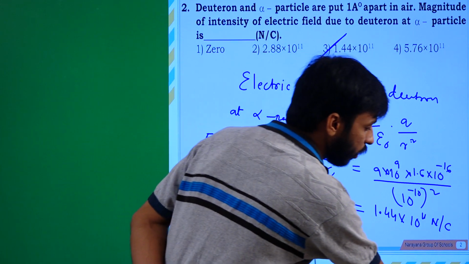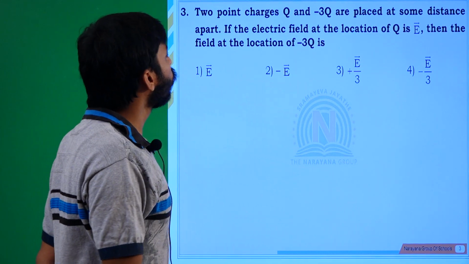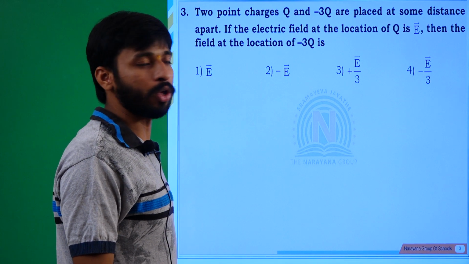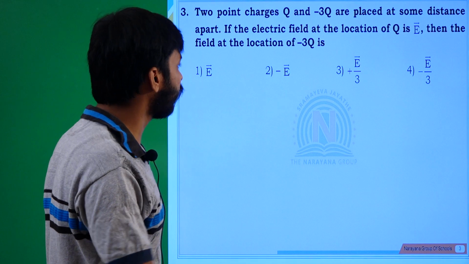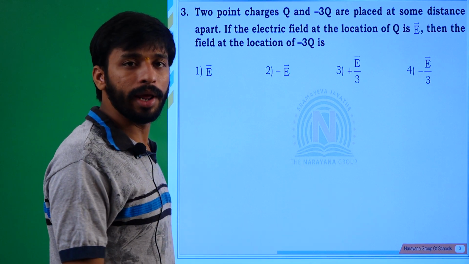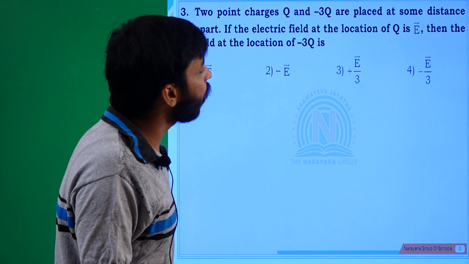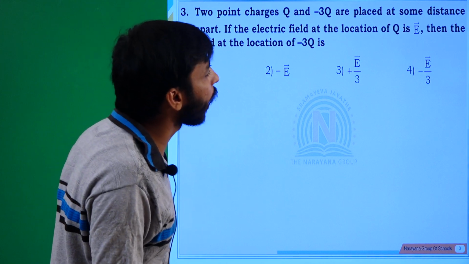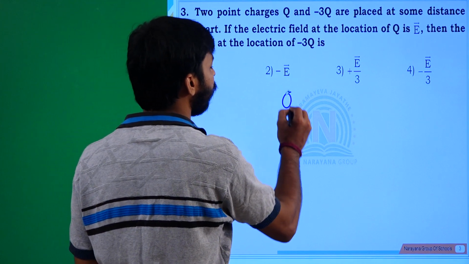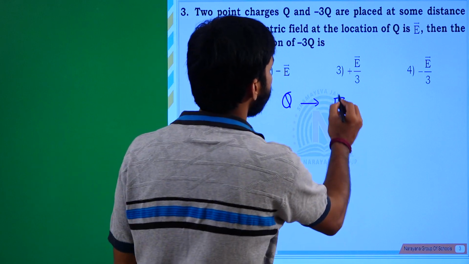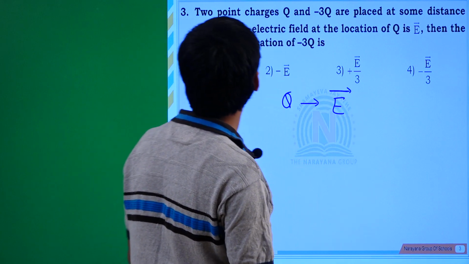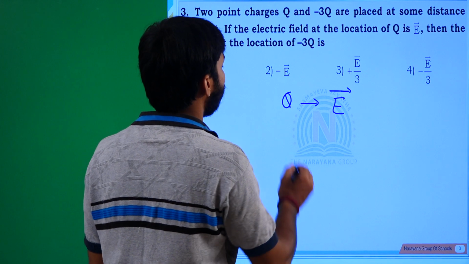And next question: two point charges Q and minus 3Q are placed some distance apart. If the electric field at the location of Q is capital E, then find the field at the location of minus 3Q.